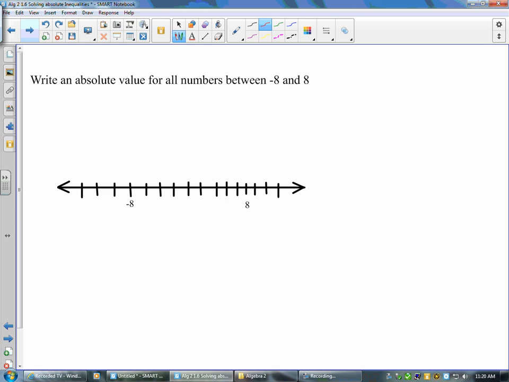So they may also ask you to write an absolute value inequality for all numbers between negative 8 and 8. Well, this is going to be the opposite of what we just showed. That means it's plus 8 and negative 8, so we're going to have an absolute value of x with 8 somehow, so that you get a plus and minus 8.